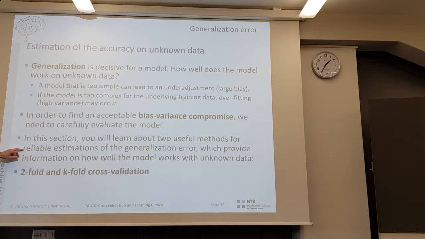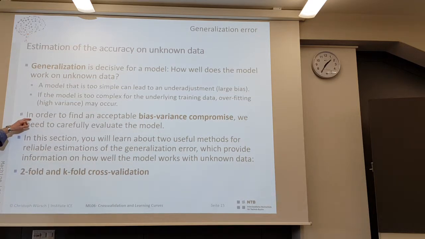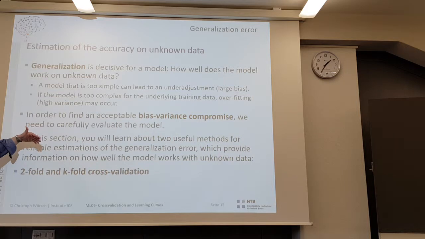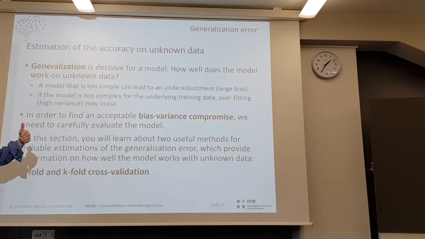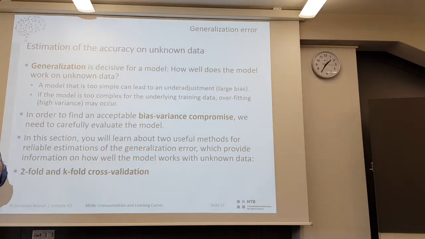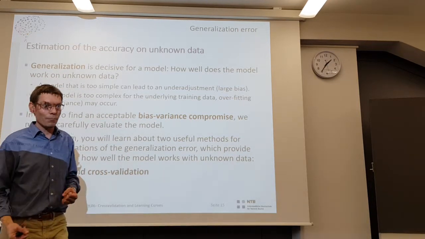Generalization is really what counts. And we have to find an acceptable error, whatever that means. This depends on the application. It depends on what accuracy you want from this learner. What is given by your boss who says, I have to classify this with 1% error because every misclassification costs me $1,000, something like that.